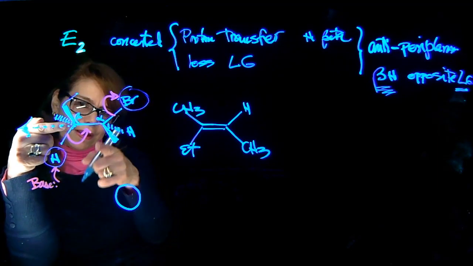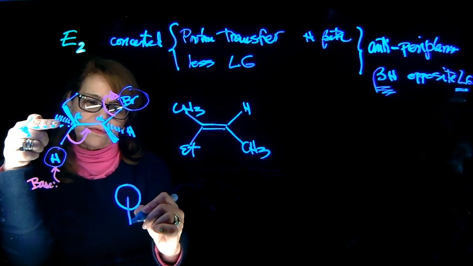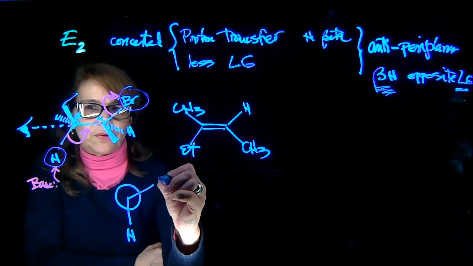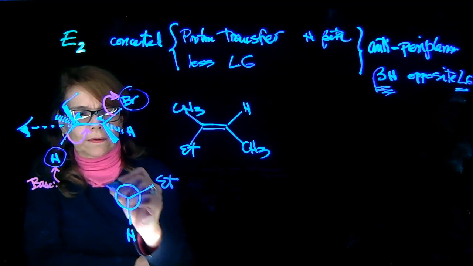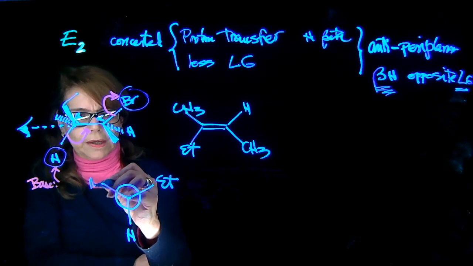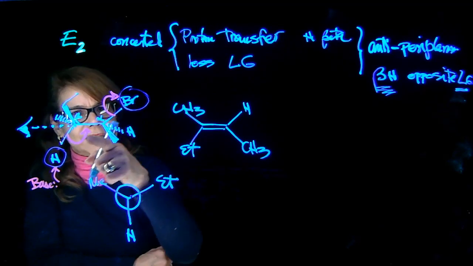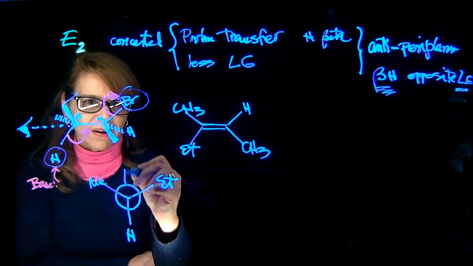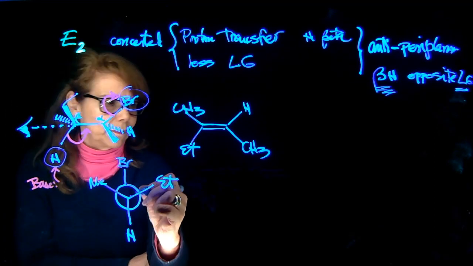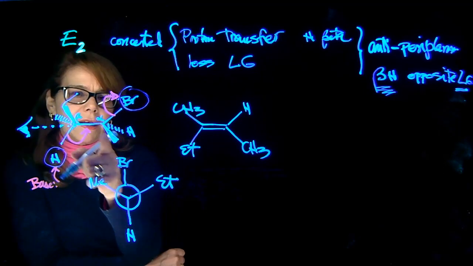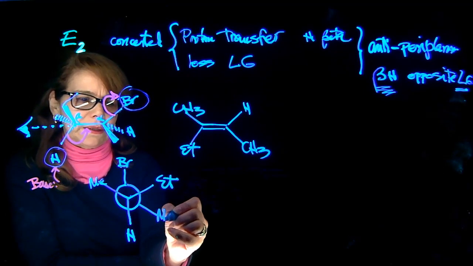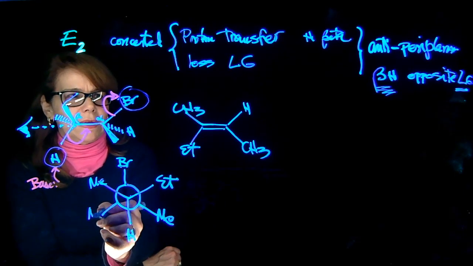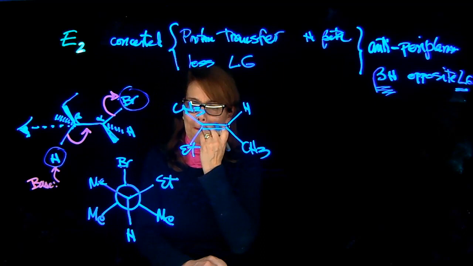So I am here, then pointing down you have hydrogen, and then to your right side you will have an ethyl, and this in the wedge is a methyl. And right opposite, when you look at the Newman, the alpha carbon is in the back, right opposite you have a bromine, and then to your right side you will have a methyl, and to the left side you will have a methyl.